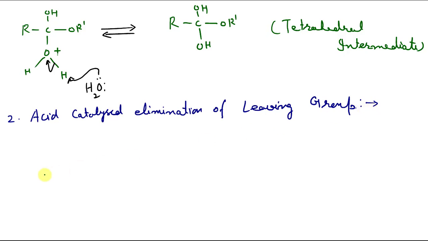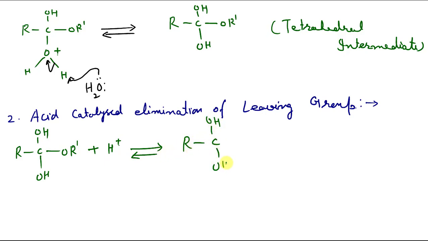Now let us see the tetrahedral intermediate RC(OH)OR'. First let us draw this intermediate. Now the first step is protonation. What we get is RC(OH)(OH)OR'H+. Here you will get this protonation.